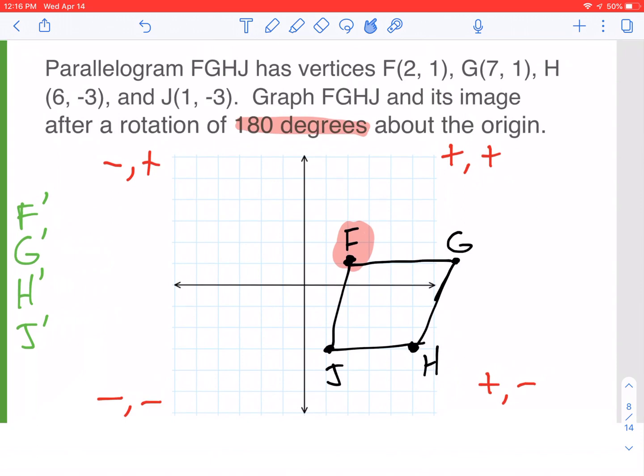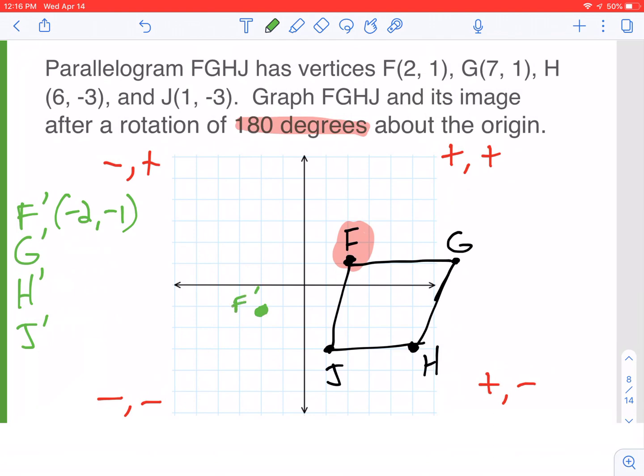So if F is 2, 1, we know that if it's in this quadrant where I've highlighted it, it's going to end up in this quadrant here, because that's 180. So I know it has to be negative, negative, so it's going to be negative 2, negative 1.